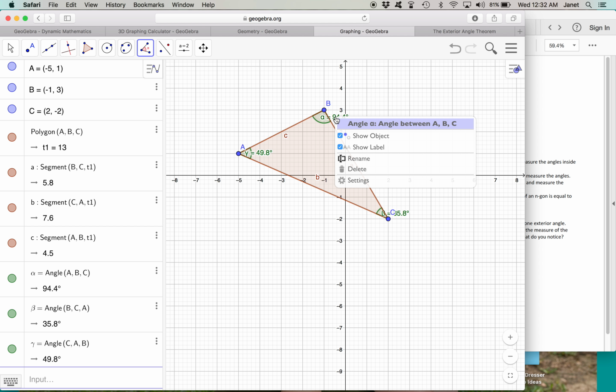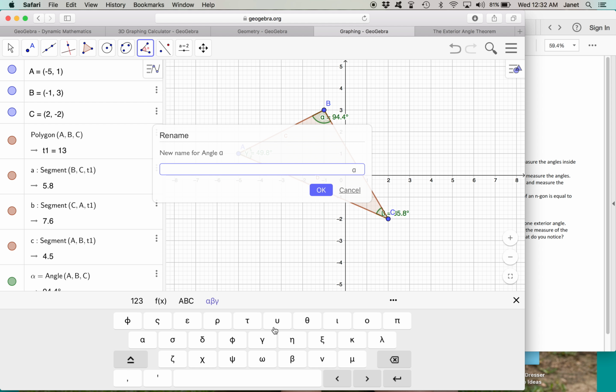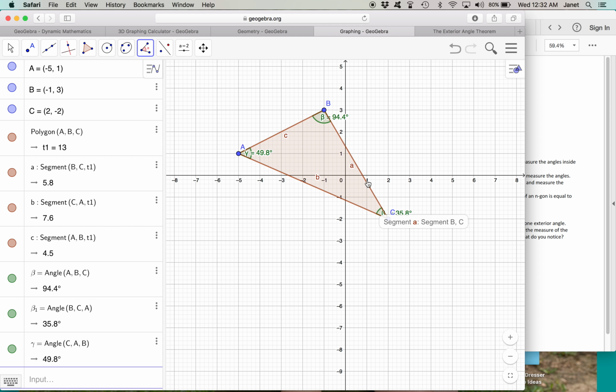You can right click and we can rename it, and instead of alpha, let's call this beta. And notice that if you have more than one beta, it's going to give a subscript for the subsequent betas. But let's go ahead and rename this angle.